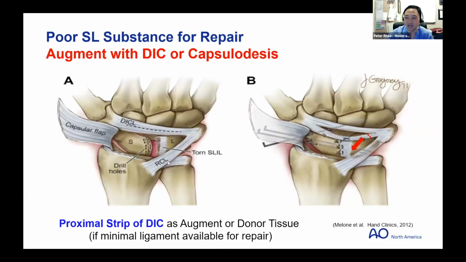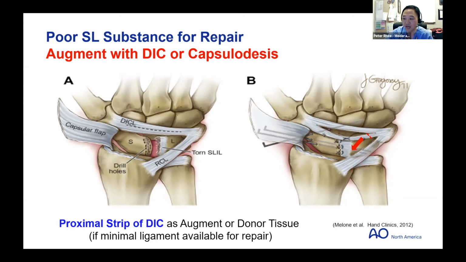And I think, at least for me, and I'm curious what the other panelists do, I do the ligament sparing capsulotomy, and if I can't grab it very well, I'll just use the proximal portion of the DIC to serve as a soft tissue augment for repair, or even just add on the capsulodesis du jour that you like.